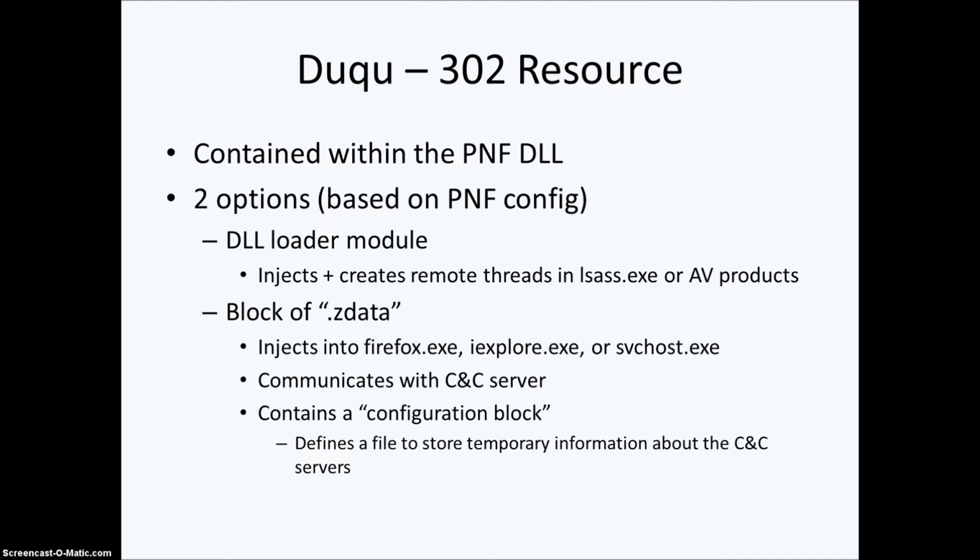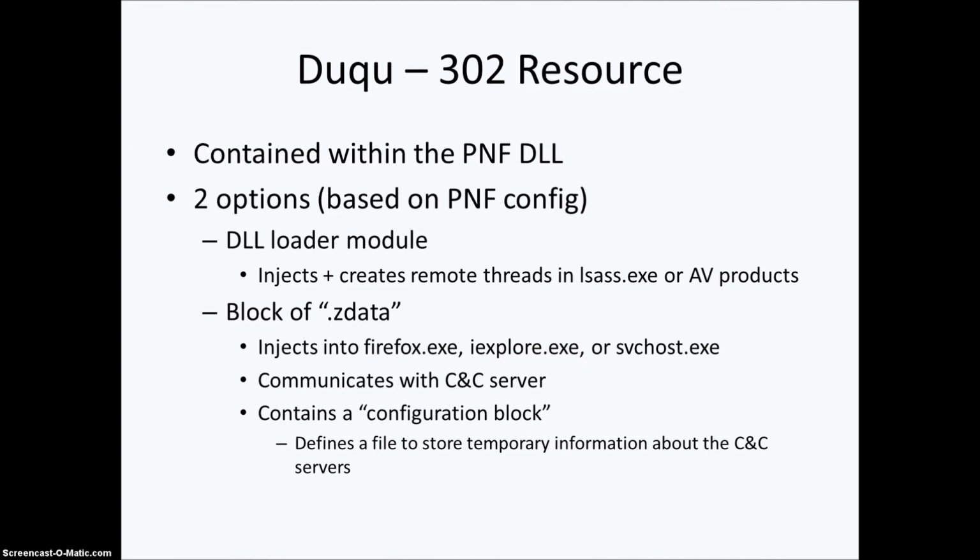The second option is what was called a block of Z data, and I can only assume that a block of Z data is a block of compressed or zipped data from like a PE header, but to be honest, I'm not really sure. I'm probably just a noob and don't understand this, so if you know, let me know.